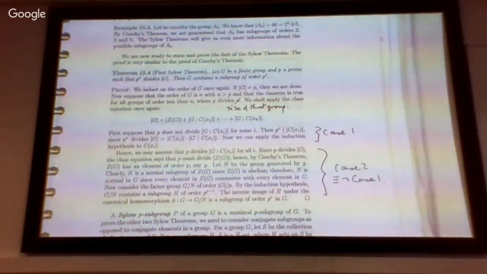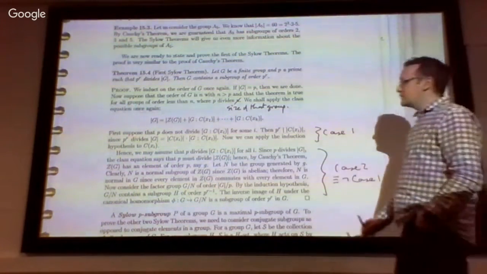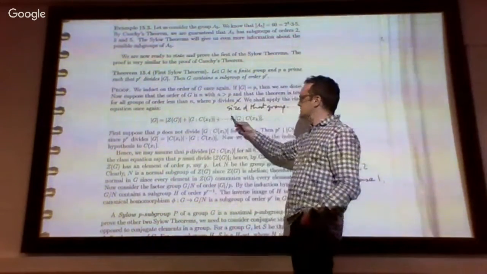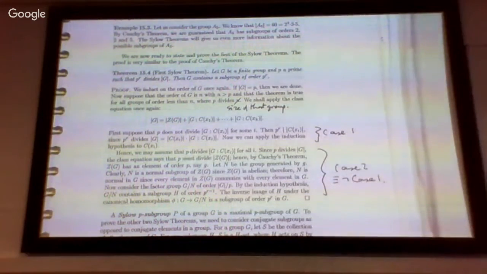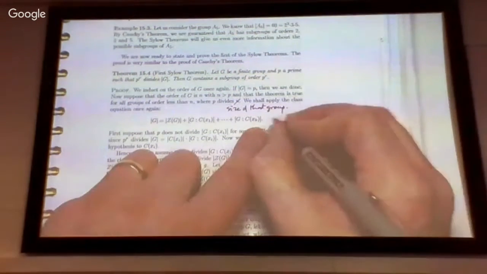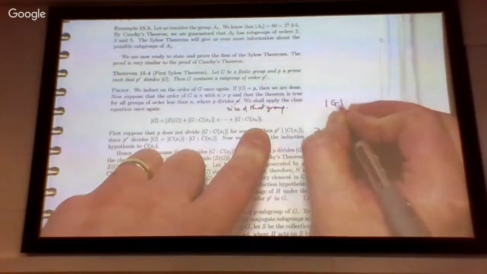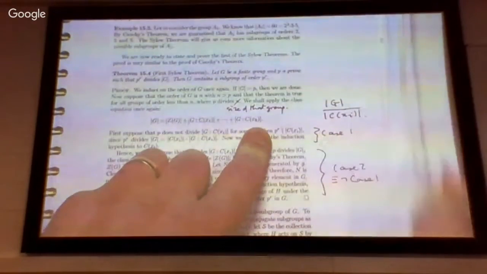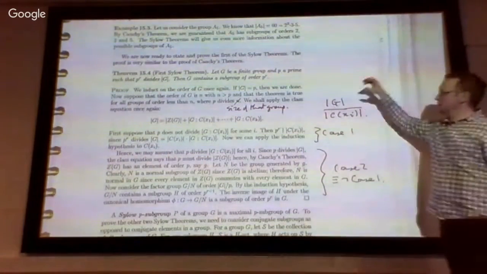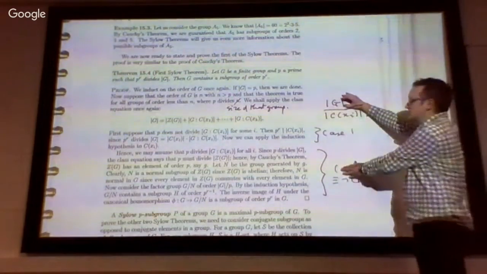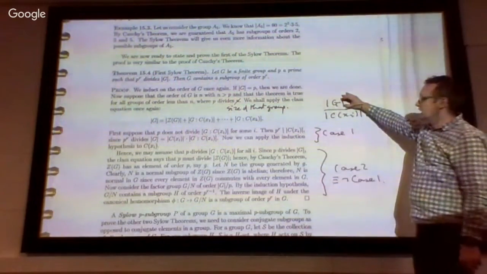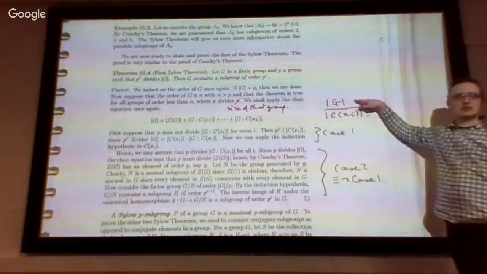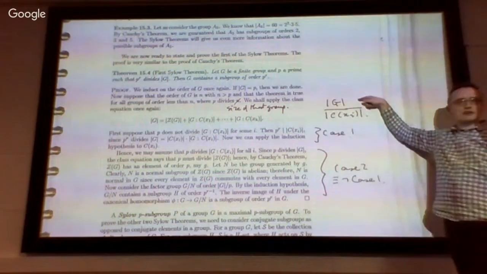But in that case, we know that P on its own must divide all of these terms in the class equation. Because remember, all of these terms are order of G divided by order of C xi. So we're assuming P to the R divides G. And now in case two, we're assuming that P to the R does not divide the centralizer. So there must be at least one factor of P left behind in the numerator.